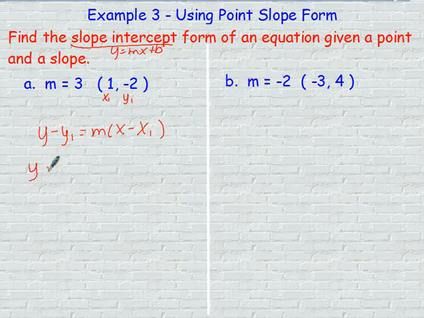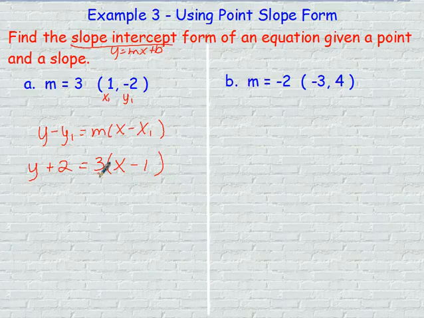Y plus 2. Again, why is it plus? Minus a negative. So y plus 2 equals 3 parentheses x minus 1. Remember, this x and this y always stay there. Okay? So now, does this look like y equals mx plus b yet? No. So let's make it.